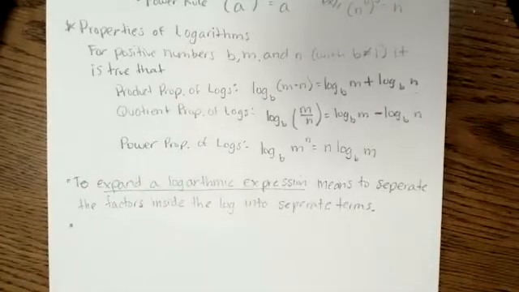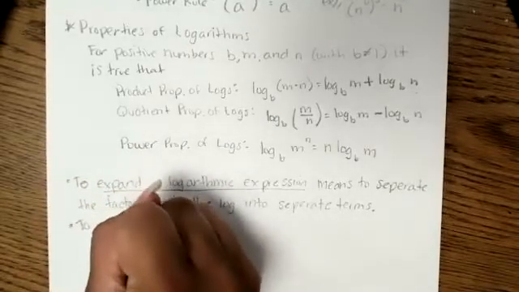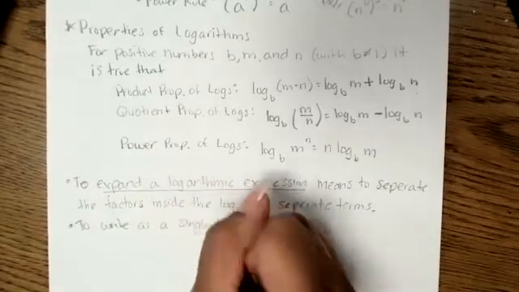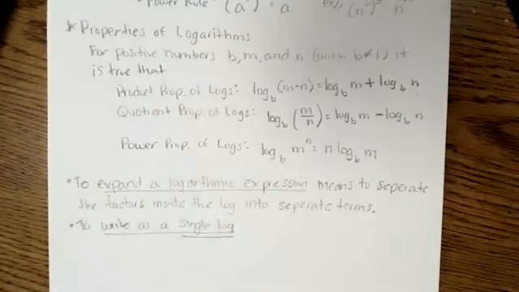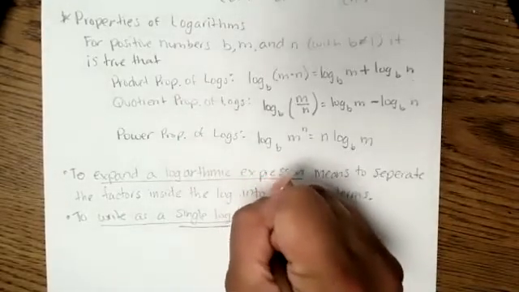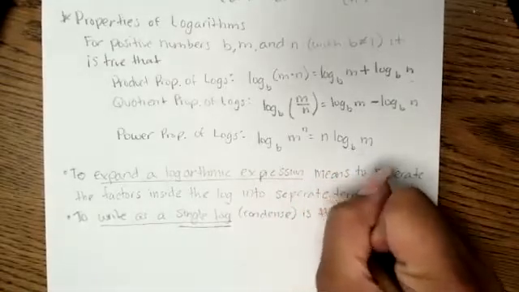So this is to expand a logarithmic expression. Now this is to write as a single log. I'm going to emphasize single log because that means you can only have the logarithm written one time. Basically means to condense, is the opposite.